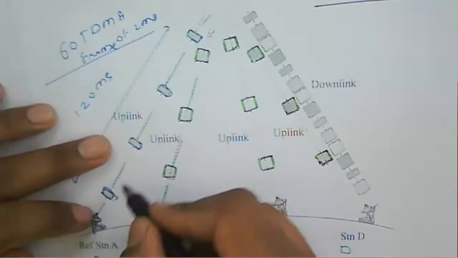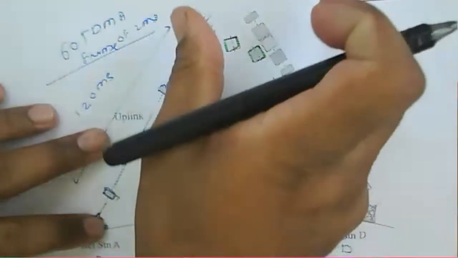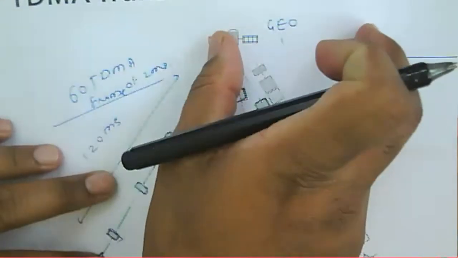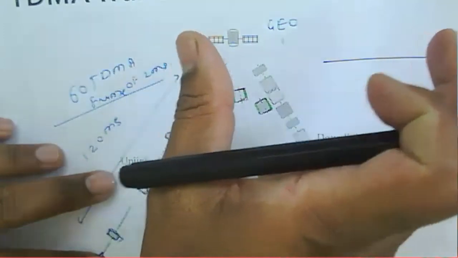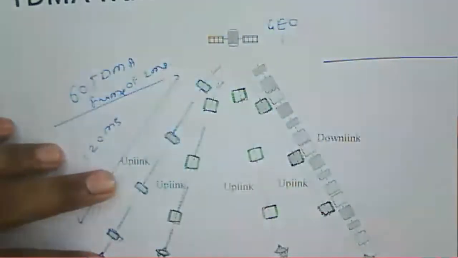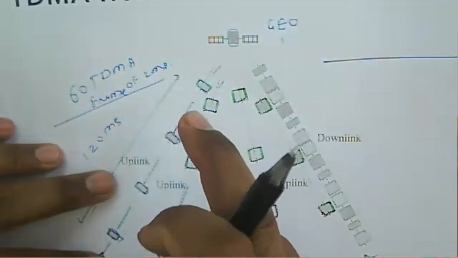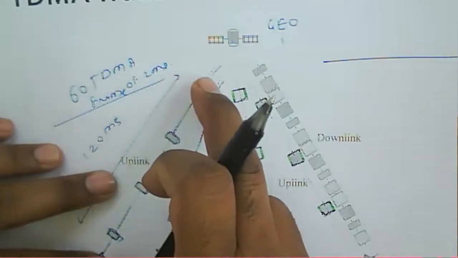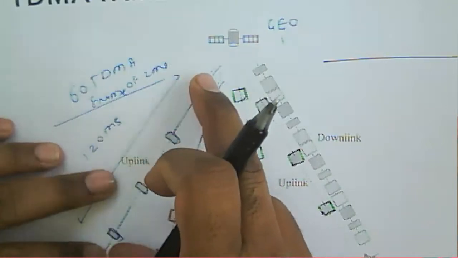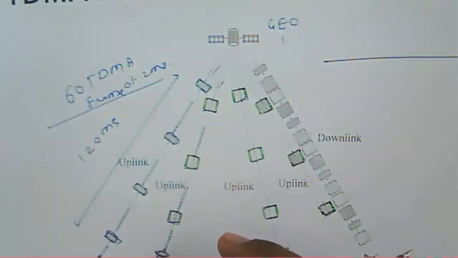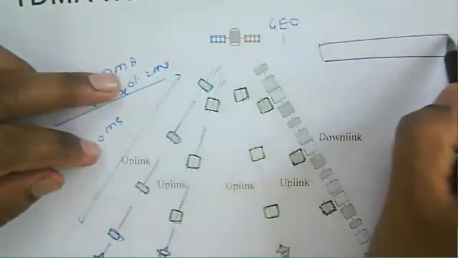So that's why that reference station is necessary, and so that's why the bursts arrive at this particular satellite with a specific time allocated in that particular frame, or a location in that particular frame. So if we synchronize the transmission of the bursts from the different stations, the bursts will maintain their position in the frame.